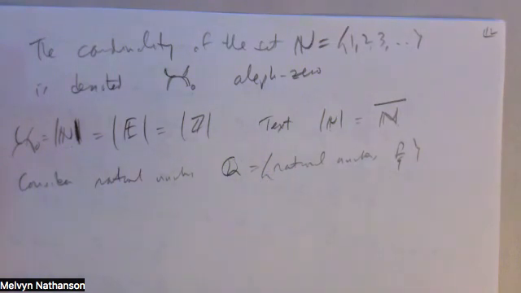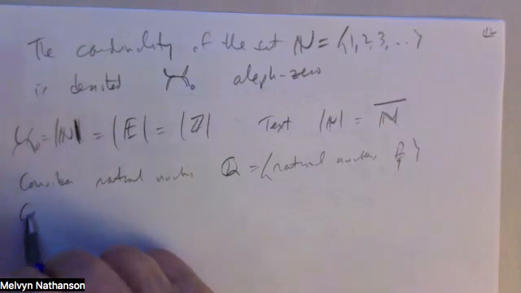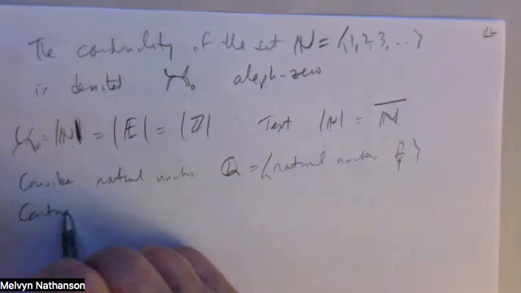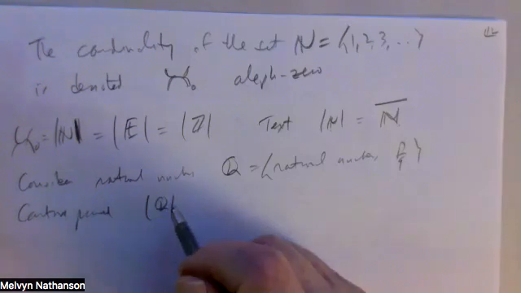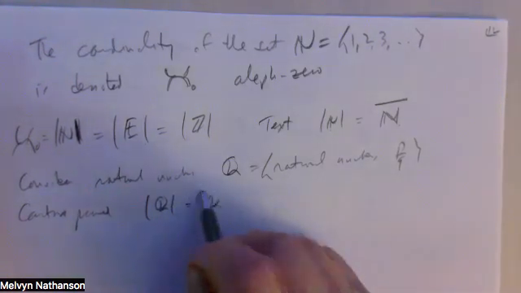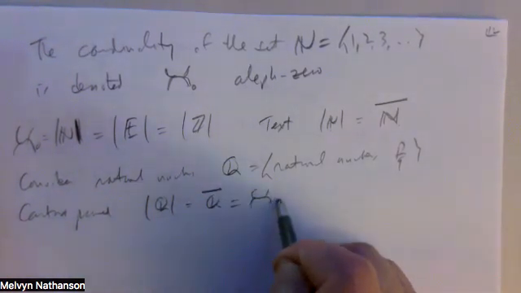But this is in a sense surprising: Cantor proved that the cardinality of the set of rational numbers is also Aleph naught.